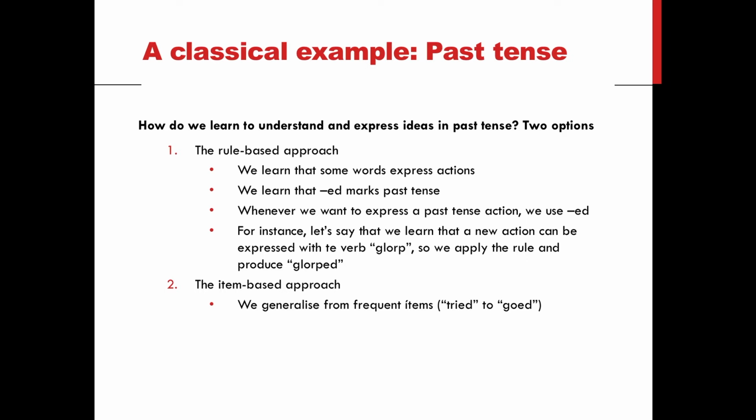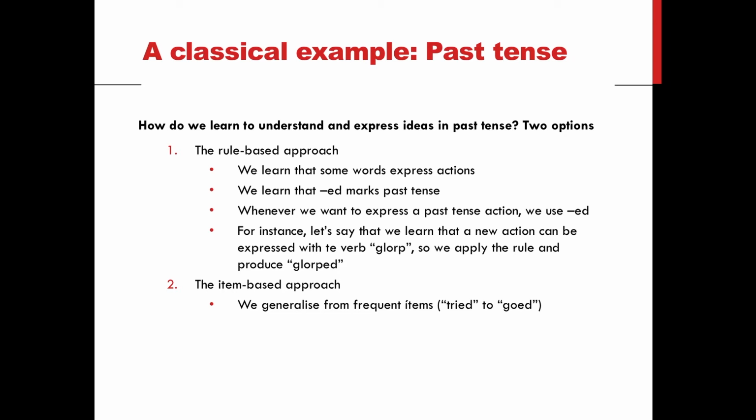So it's the idea that we human beings are using rules to express actions in past tense. So basically, we learned that ed marks past tense. So whenever we want to express a past tense action, we apply ed at the end of action words.